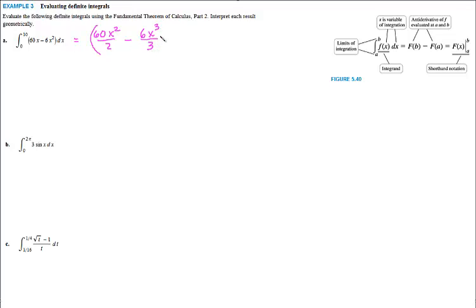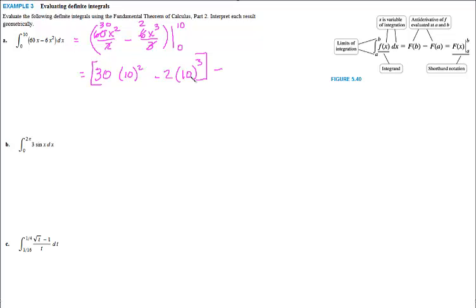This is all evaluated from 10 to 0. I love seeing those zeros. So reducing this a little bit, that's a 30, and this would be a 2. I'll just plug in 30 times 10 squared minus 2 times 10 cubed. That's my first part, that's the 10.